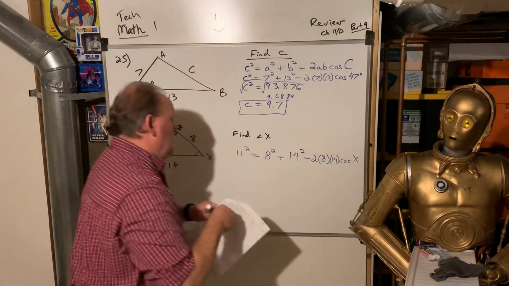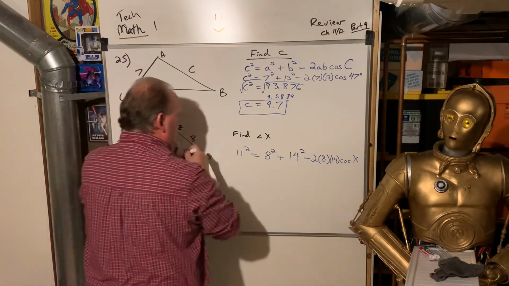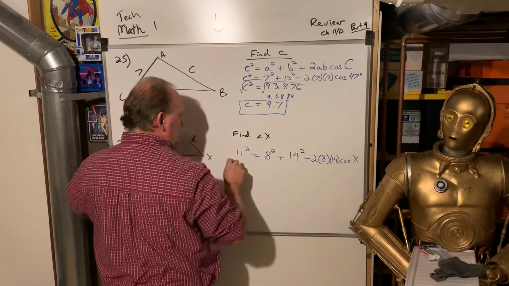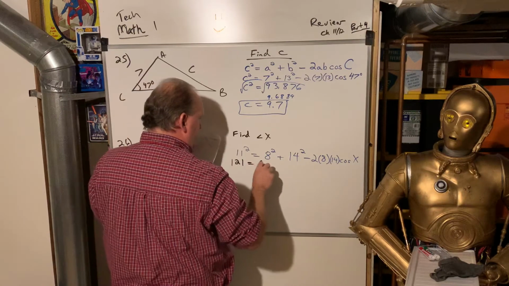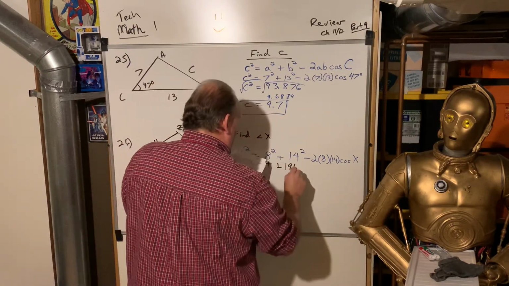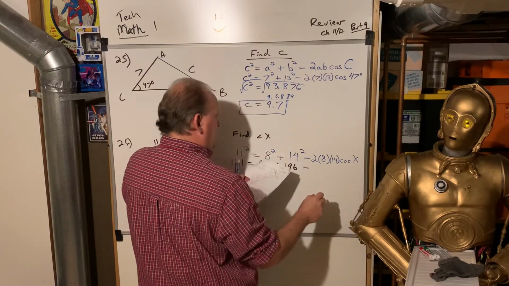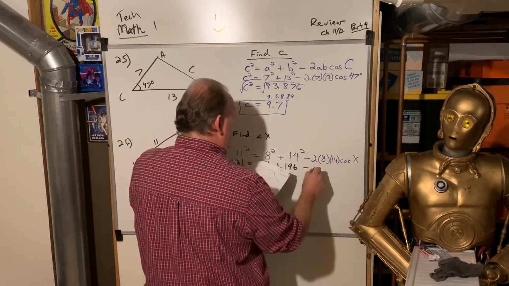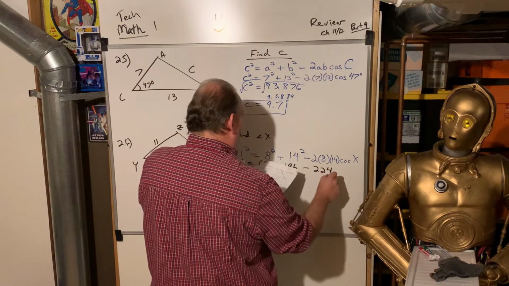Okay. So here, let's get these numbers out, flesh these out. This is 121, this is 64, this is 196, minus 2 times 8 times 14 is 224 cosine x.